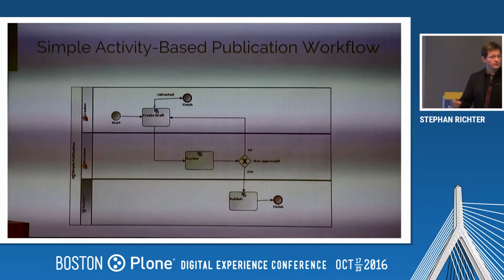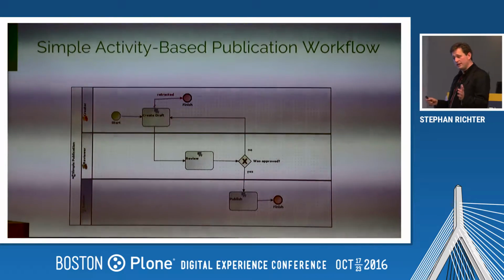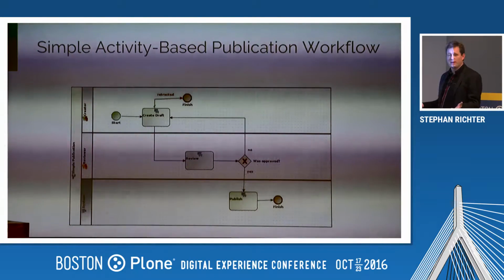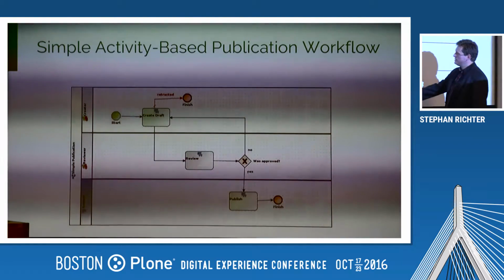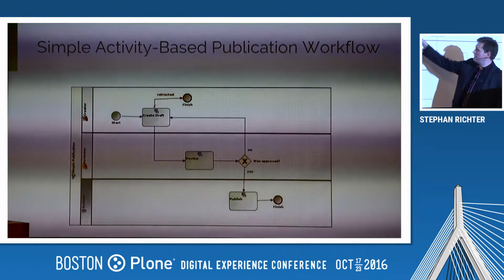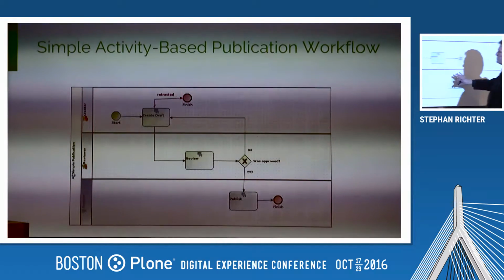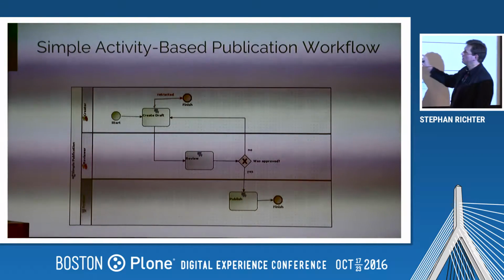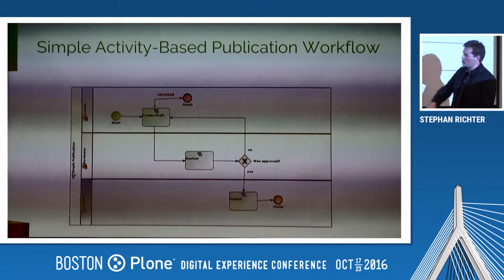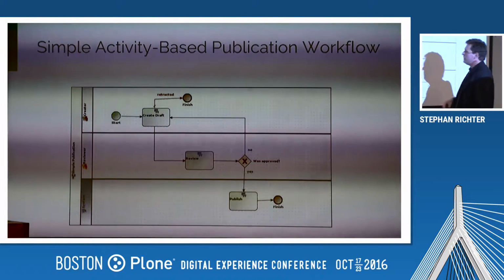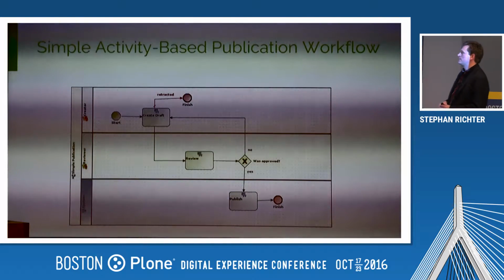So let's convert our state-based workflow into an activity-based workflow. You will see a few differences. These are our actors here, and these lanes are known as swim lanes. And you almost always have a system swim lane where the backend executes something.